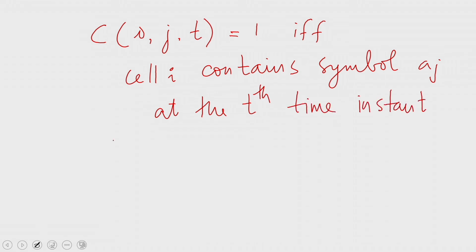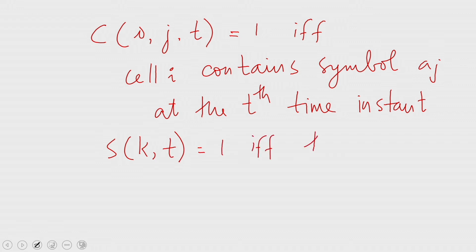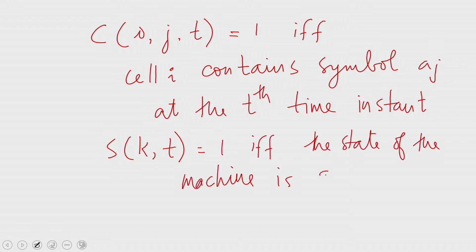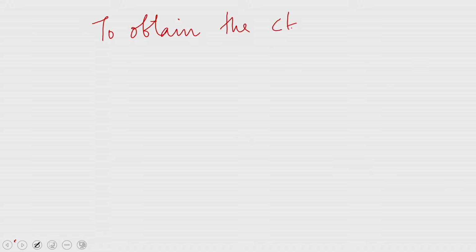Now you can imagine what S_kt is going to be. This is going to be 1 if and only if the state of the machine is Q_k at time t. So, we have order of T squared of n signal points of this sort, and we are going to connect these signal points using gates to obtain a circuit.